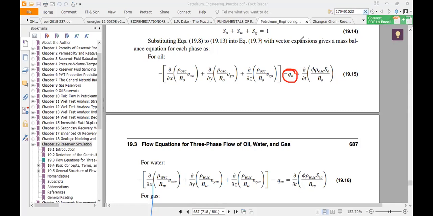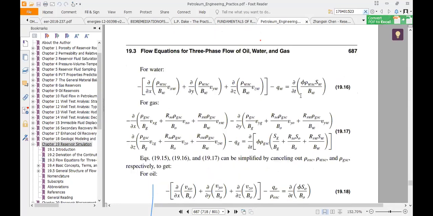So the Q naught here is a sink or a source term, referring to either production or injection. So let me make some progress so I can go ahead to answer Chigozie's question.